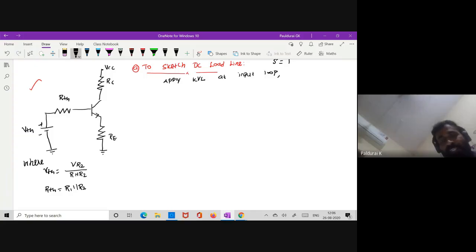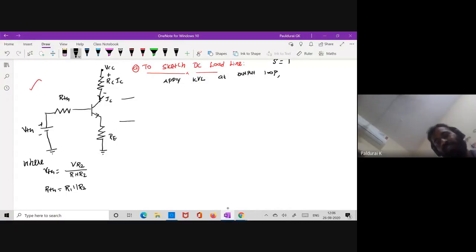Sorry, for the DC load line, apply KVL at the output loop, right? So in the output loop, this is my applied voltage, and what about the voltage drop across RC? The current is IC, so it becomes IC times RC.